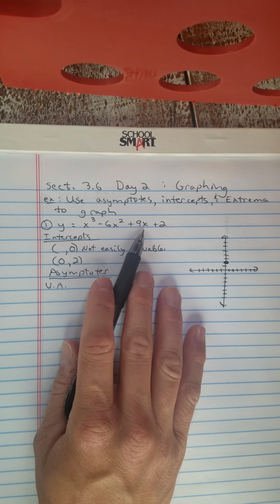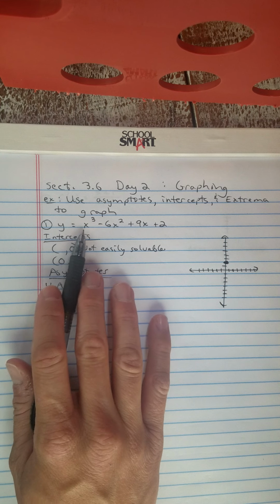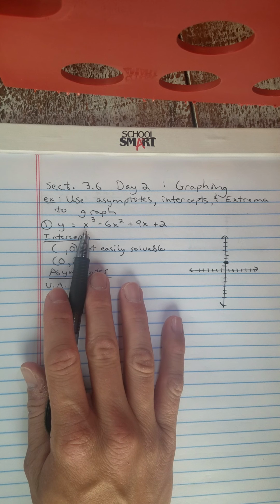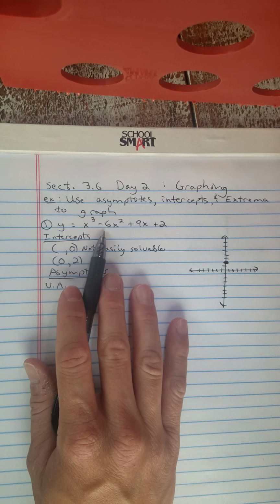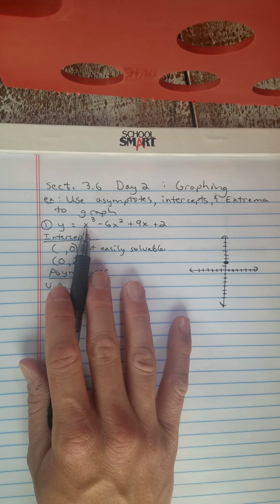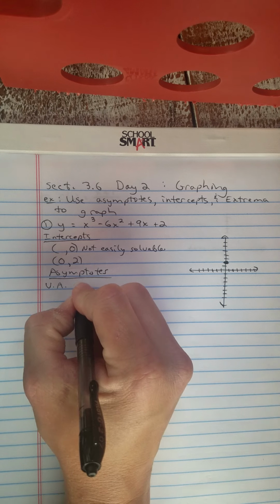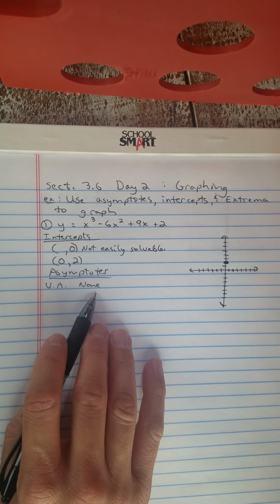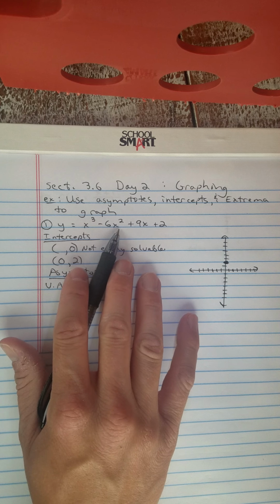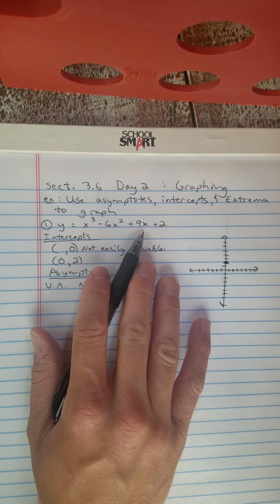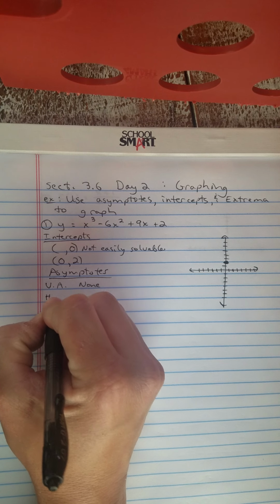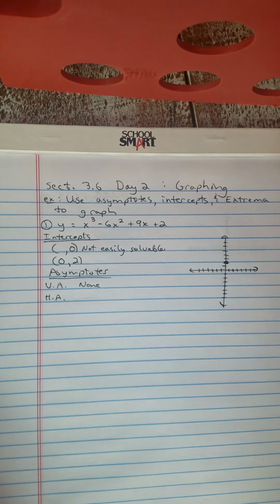Is there an x value that I can plug in so that when I do all the adding and subtracting and exponents, my calculator is going to kick back a domain error? And the answer to that is no. There's no x value that's off limits for a polynomial, which is what tells us that there is none. There is no vertical asymptote in this function because there's no x value that's going to give you a domain restriction, okay?